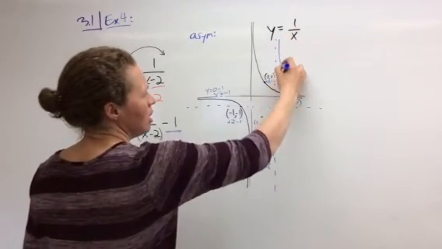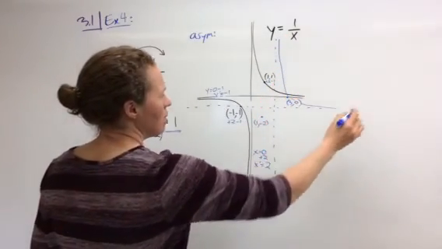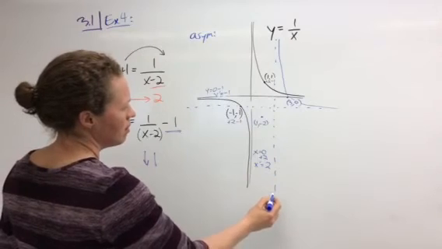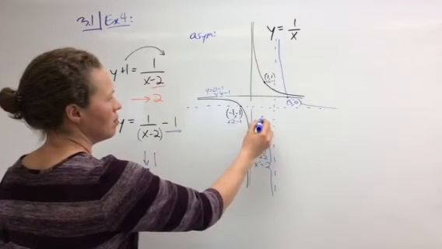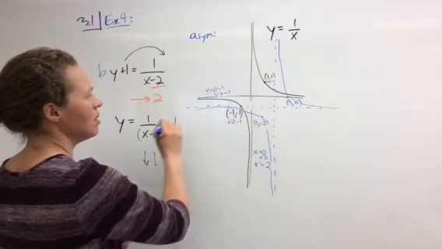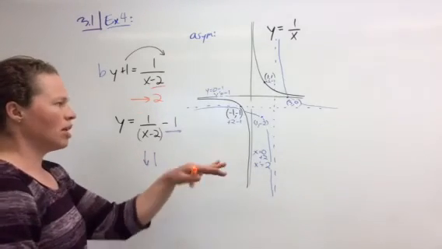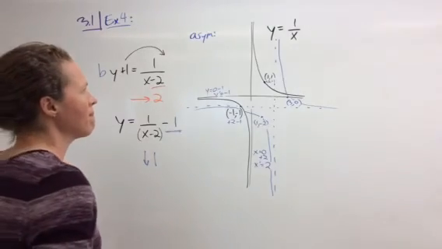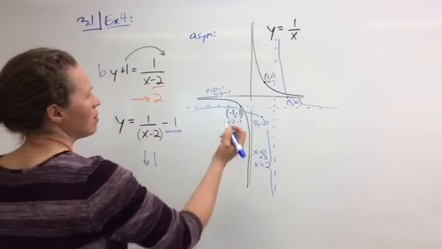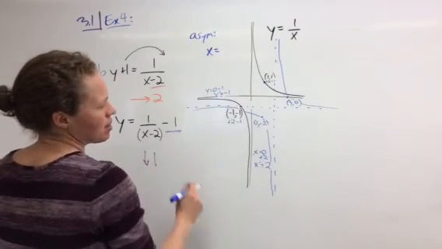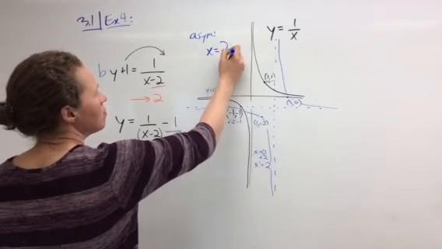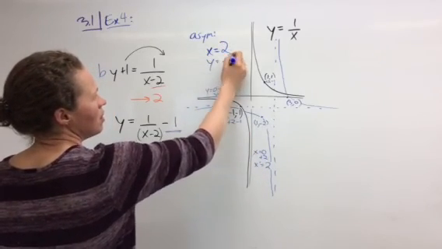So now I could put my lines in, and show where they go. Got some writing here in the way, but hopefully you can see the idea. And my new graph shows up there. 2 over that way, 1 down that way. So my x asymptote is at 2, and my y asymptote is at negative 1.